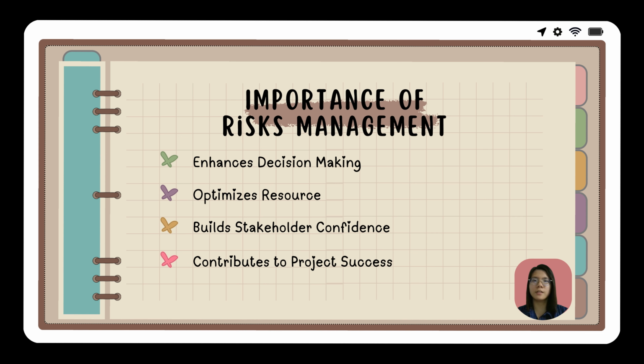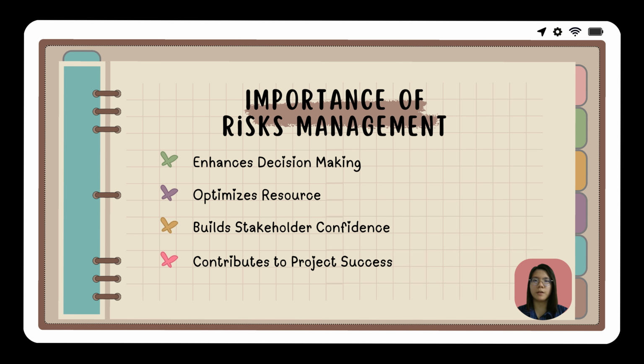Effective risk management in IT project is crucial for several reasons. Firstly, it enhances decision making by enabling project manager to identify and assess potential risks early, allowing for informed choices throughout project execution. Secondly, it optimizes resource by focusing them on critical areas, thereby reducing waste and enhancing overall efficiency.